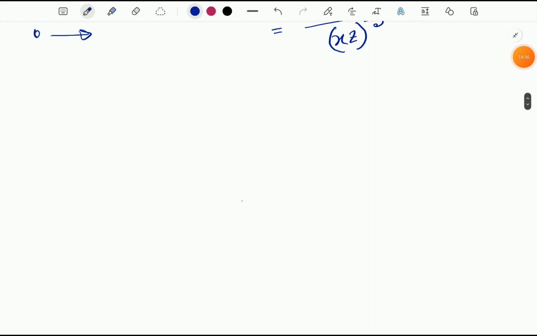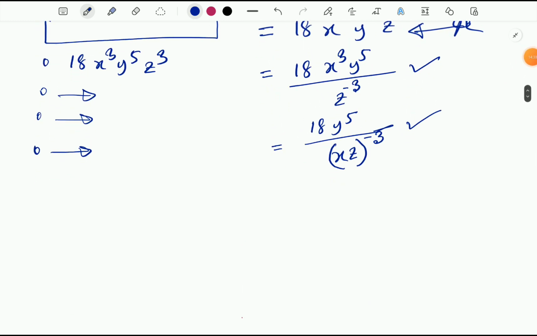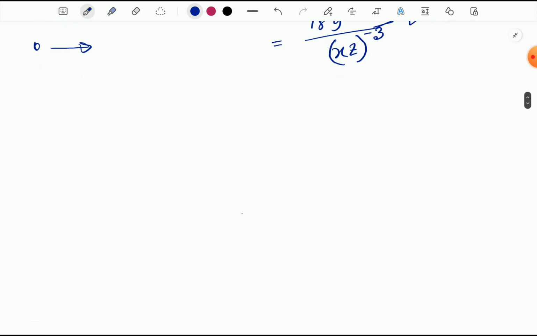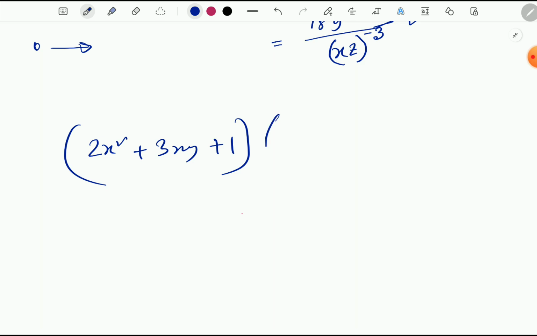Okay, so until now I have done only operations with uninomials, but what about polynomials? Let's say 2x squared plus 3xy plus 1 multiplied by 2x plus 1. So in this situation we have to multiply this whole term by this one, right?